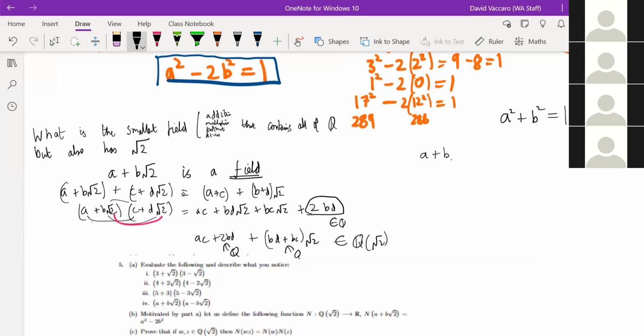What about division? How do we divide surds? You rationalize the denominator. And to rationalize the denominator, what would I multiply top and bottom by here?